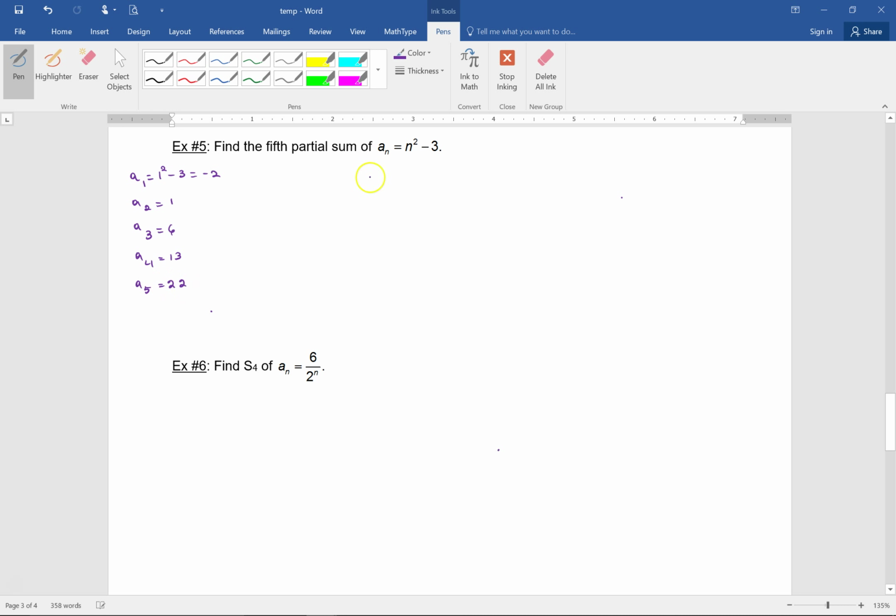So now S5 is what we want, proper notation, and it's just -2 plus 1 plus 6 plus 13 plus 22, which is 40. But there are ways to do it.